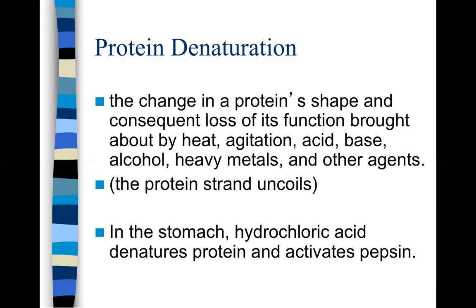So, an example of changing a protein shape would be when you cook an egg. The egg starts out very liquidy, it's clear, the yolk is runny, and then when you cook it, the clear part, the white, becomes white versus clear, the yolk becomes harder, and that protein shape is forever changed.